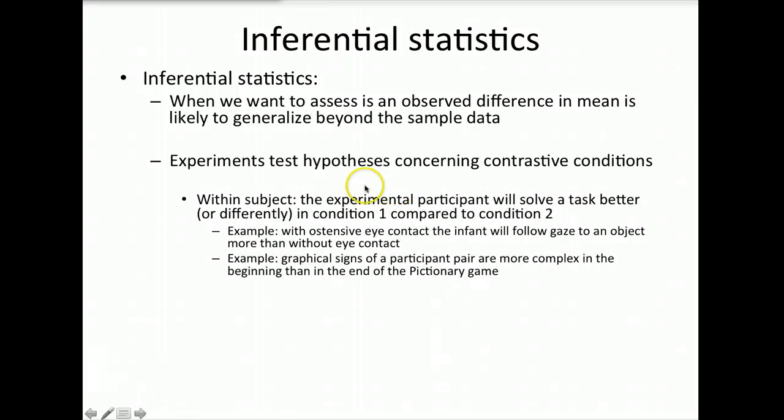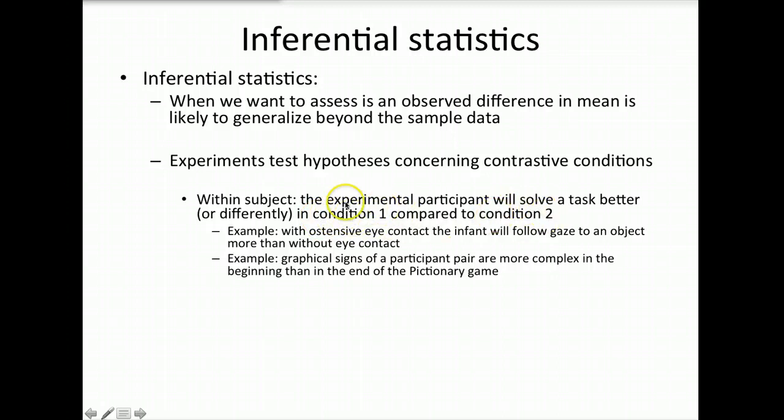And one very general experimental design that we apply there is a within participant or within subject comparison. In this particular case, we have one participant that solves a task in two different conditions, or solves two slightly different tasks maybe, and we then want to test if there's any kind of difference between the task performance in one condition compared to another condition.